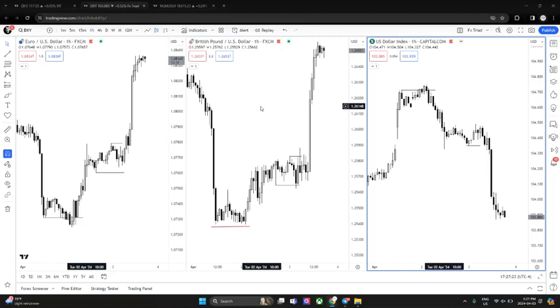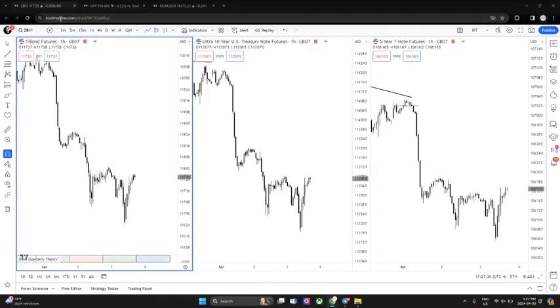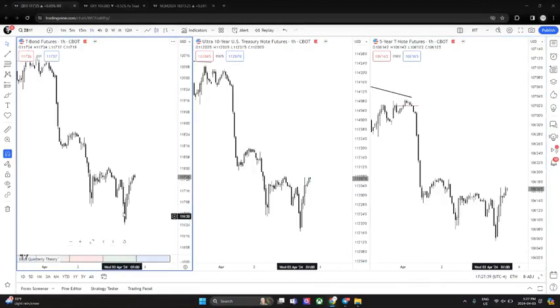Right? If you are simplistic, you want to be simplistic in your analysis, right? You do not need to be looking at everything. If you want to trade bonds, you can just look at this. It's just that you would probably miss certain moves, like for example, this right here, due to the fact that you would not be able to see that this was a crack in correlation on a broader spectrum.